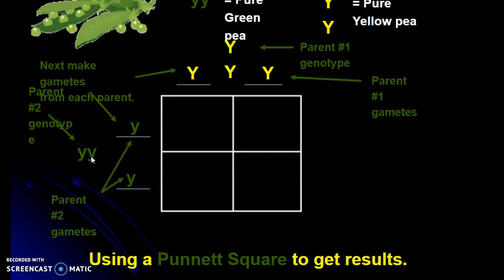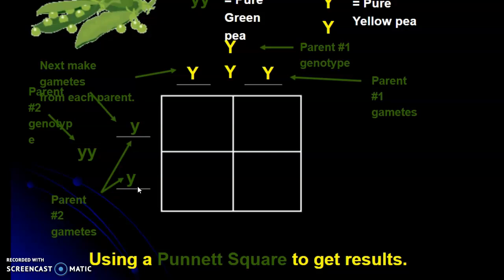Then we put those by each of the squares. I know most of you have done a Punnett square before, so this shouldn't be anything new. One big Y goes over here, one big Y goes over here, and one little y goes here, one little y goes here.